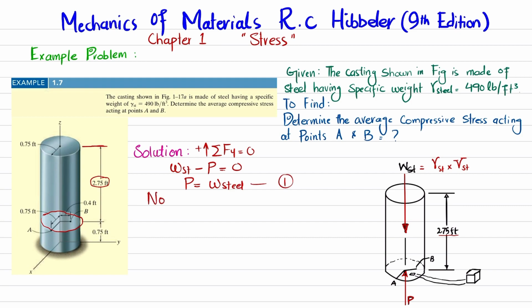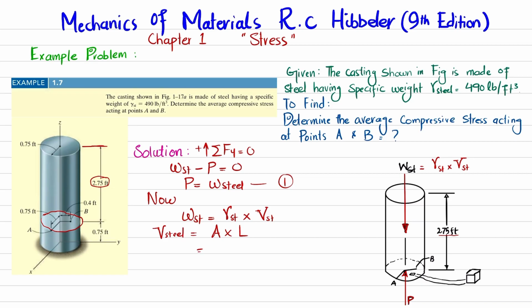Now, the weight of steel is not given. We know that weight of steel is equal to the specific weight of steel multiplied by the volume of steel. And the volume of steel is taken from this figure. Since it is cylindrical, its volume is the cross-sectional area multiplied by the length of the rod.